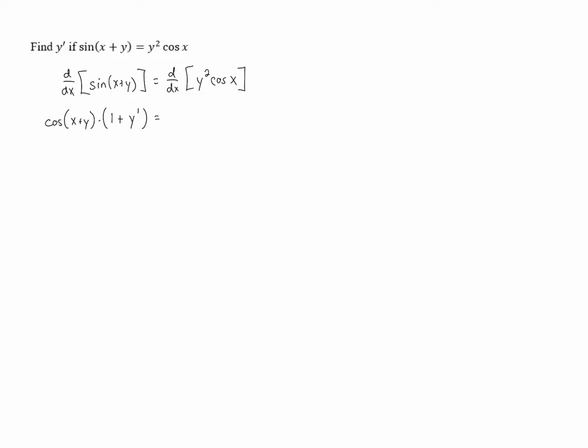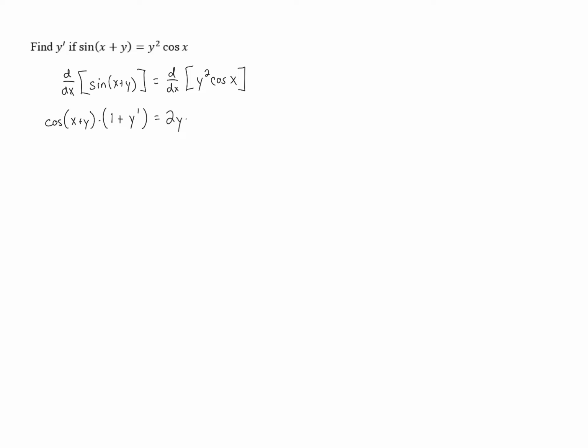On the right-hand side, we have to use the product rule because we have a product of two different functions here. So the product rule says we take the derivative of the first times the second. Now the derivative of y squared is 2y, but y is a function of x, and we're differentiating with respect to x.